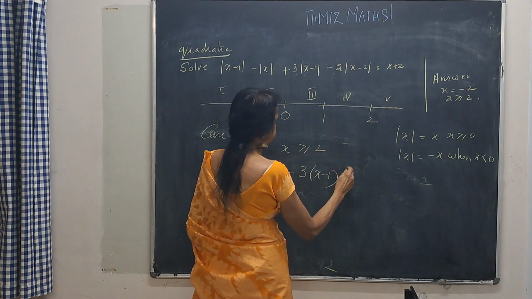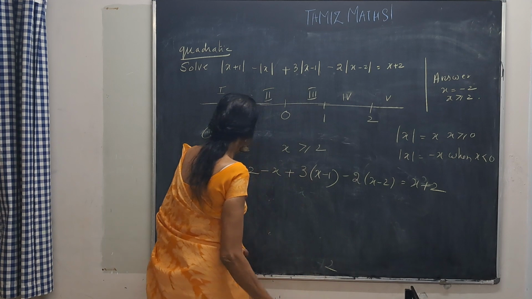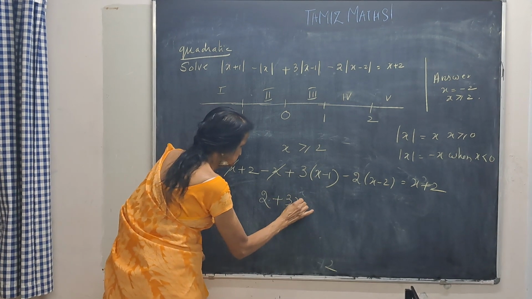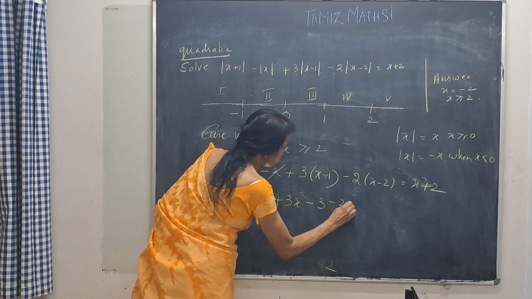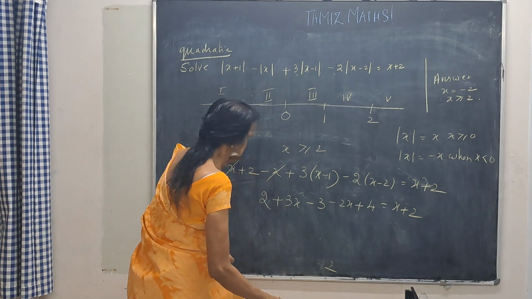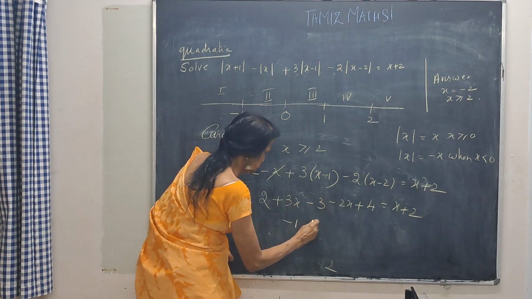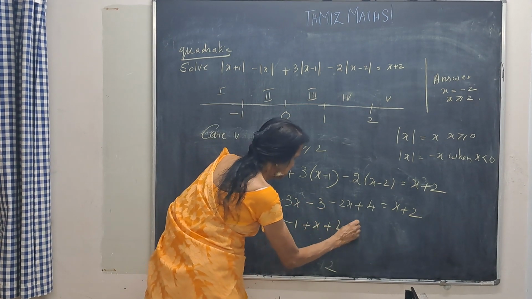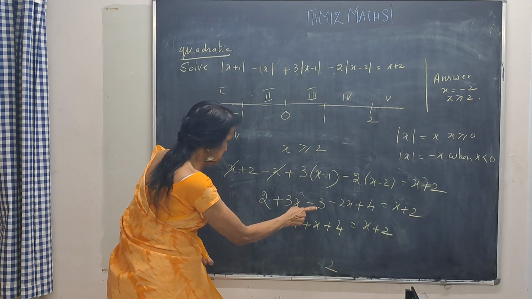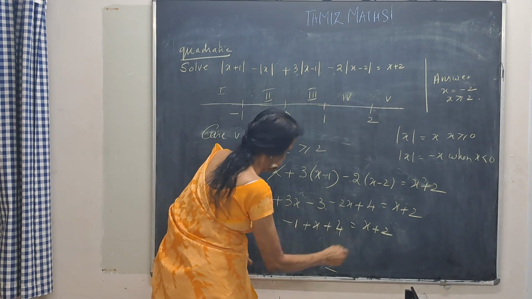This is also positive. 2 plus 3x minus 3 minus 2x plus 4 is equal to x plus 2. 2 minus 3 minus 1, and this is plus 4, and this will be minus plus x, that is equal to x plus 2.